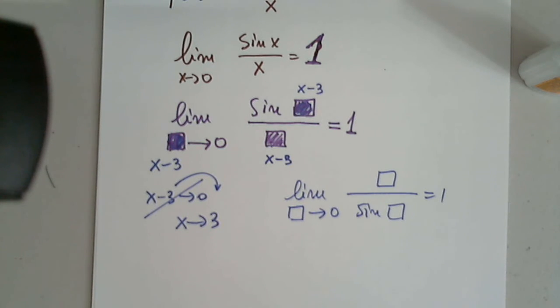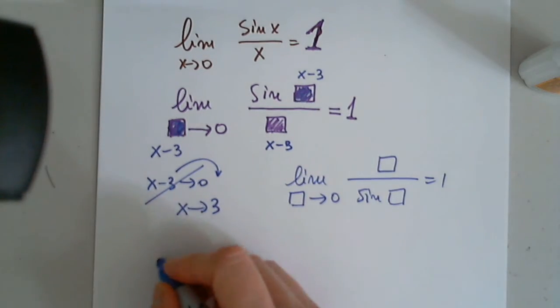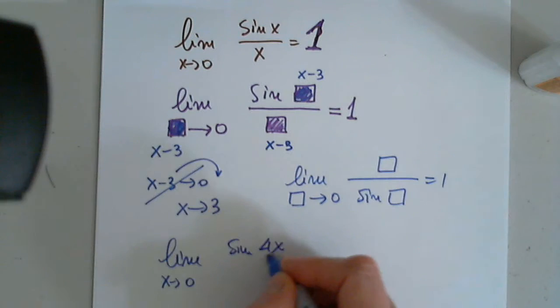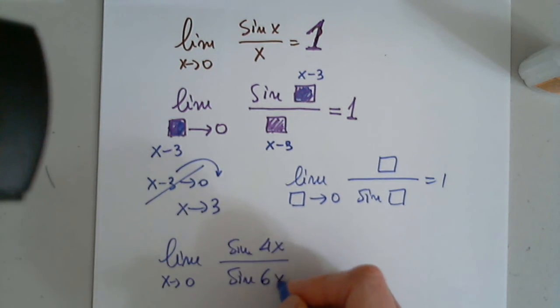So let's work on a couple of examples. I'm going to choose from this book, and then you'll choose from that book. I'm sure that they are pretty similar. Okay, so let's start with sine 4x over sine 6x. As x approaches 0, sine 4x over sine 6x.